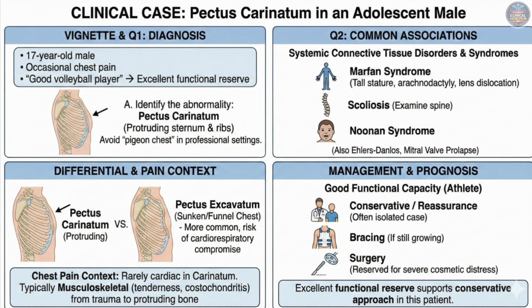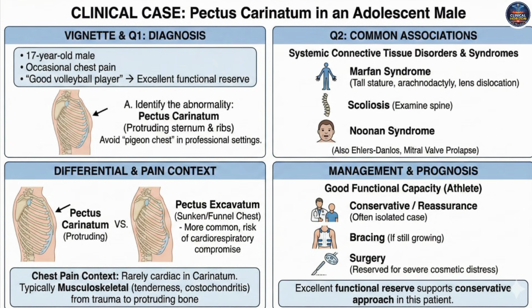Then Noonan syndrome. Another important genetic syndrome often associated with chest wall issues and short stature. Alternative acceptable answers are Ehlers-Danlos syndrome, Morquio syndrome, or even mitral valve prolapse, particularly if associated with Marfan's.